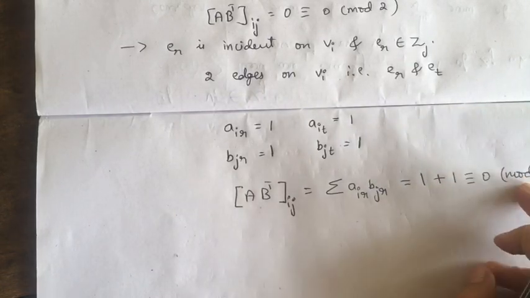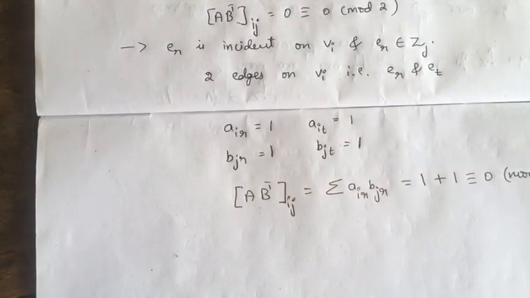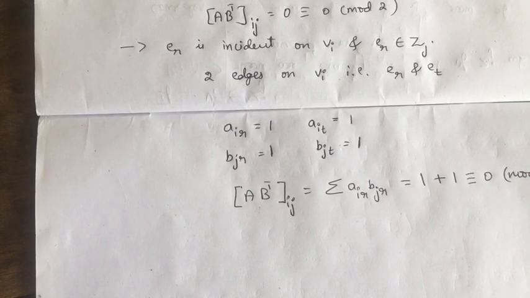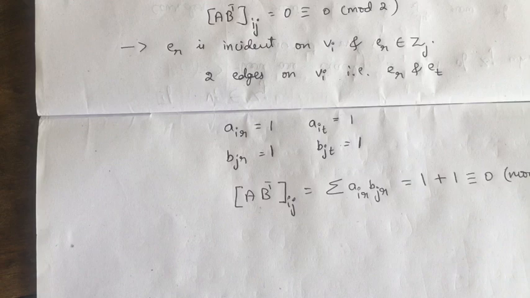You are getting 2, and when you take mod 2, you get the value 0. Therefore, I can say AB transpose equal to BA transpose, which is equal to 0 mod 2. Or every row of A is orthogonal to every row of B.